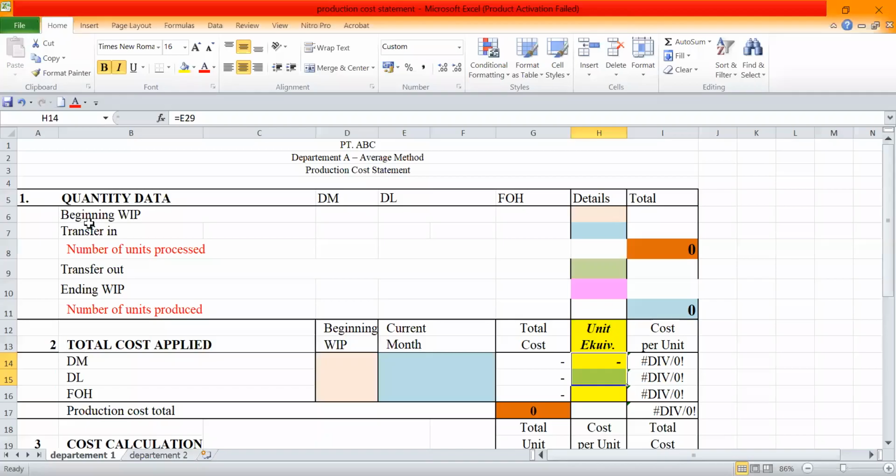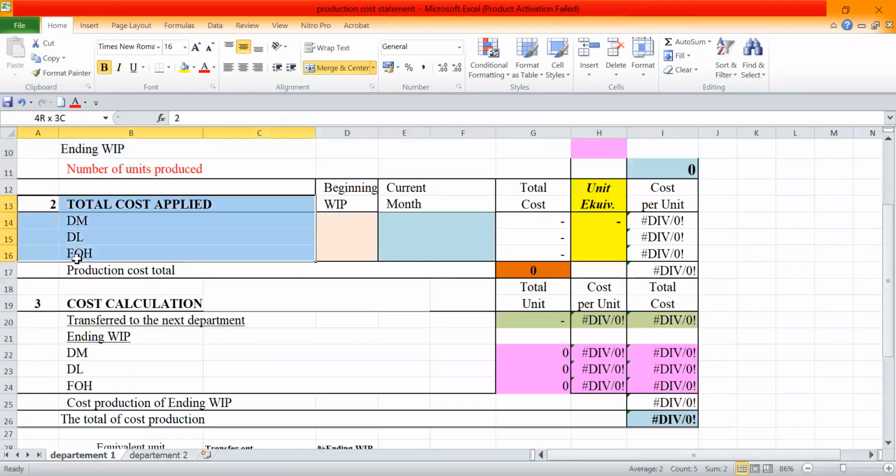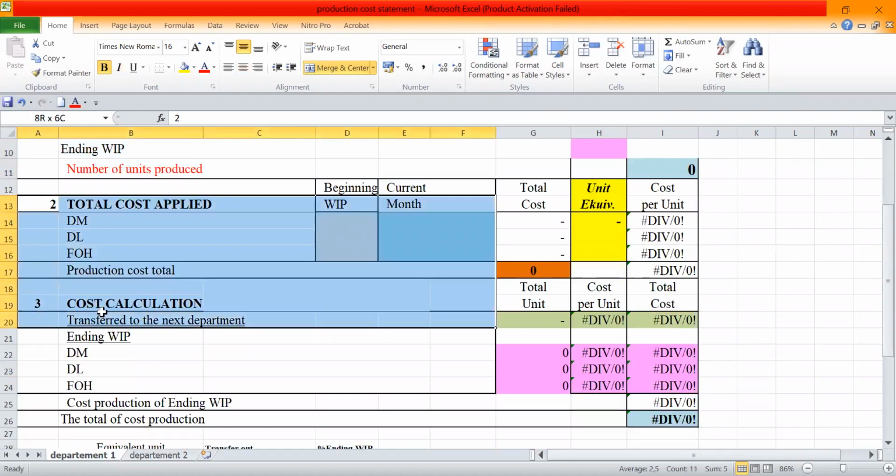As you can see here, go back again to this production cost statement. There are three main parts of the production cost statement. The first part is about the quantity data, and the second and third parts are about the cost.